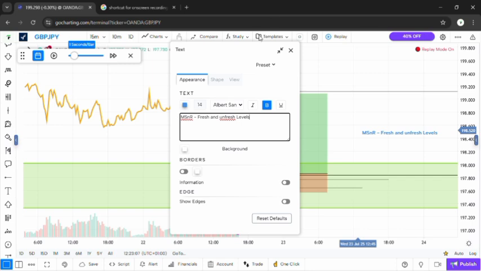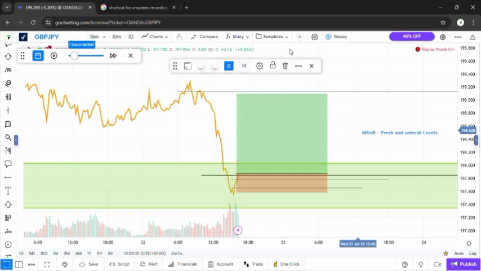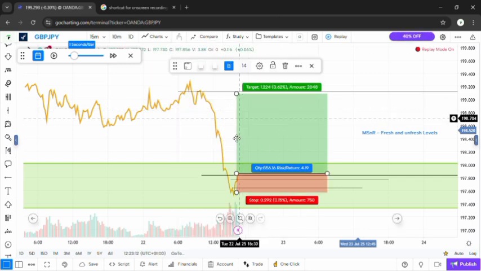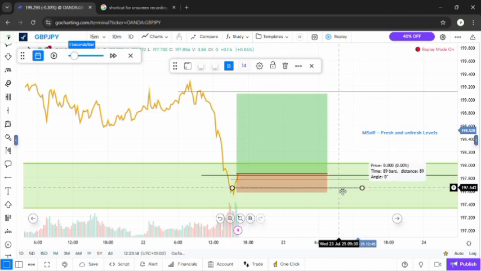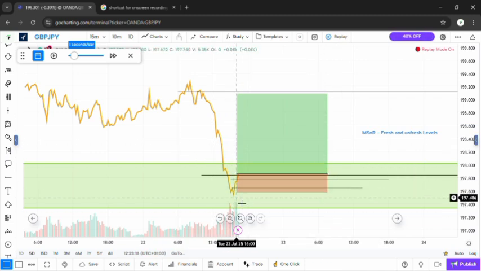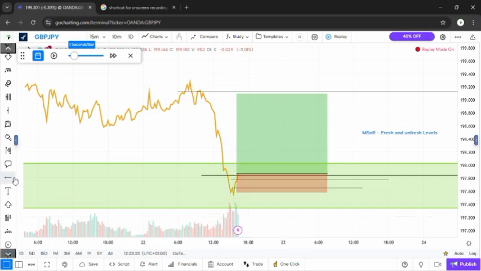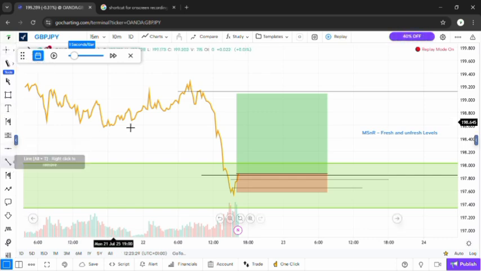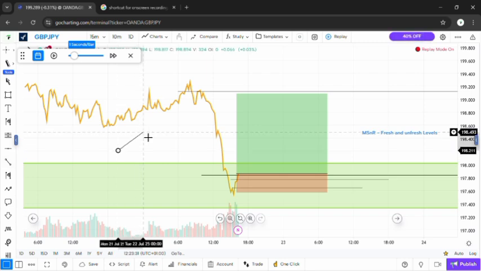If you check at this point, there's a resistance that was broken here. Whenever you see a pattern like this in Malaysian support and resistance, people that trade that pattern understand what I mean.